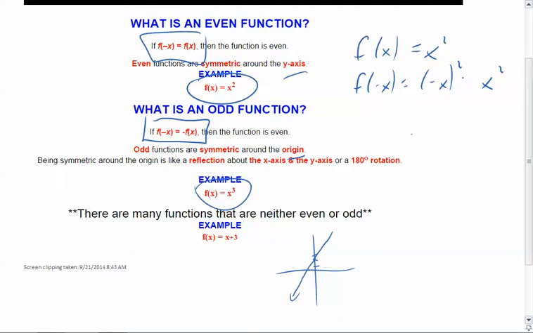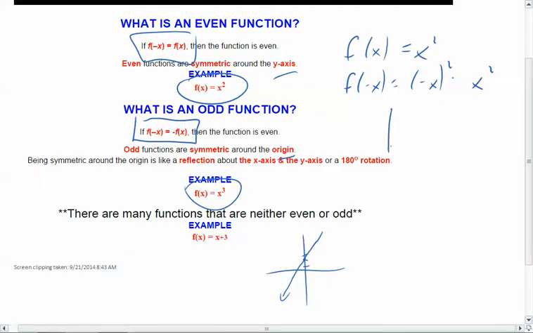That's because of the symmetry of the graph: no matter if I put in a positive or negative value of x, I get the same value for y. But with this graph right here, if I put in f of negative x, what you're going to get is negative x cubed, which is the same as negative x cubed. And so because of that, it actually becomes negative f of x.